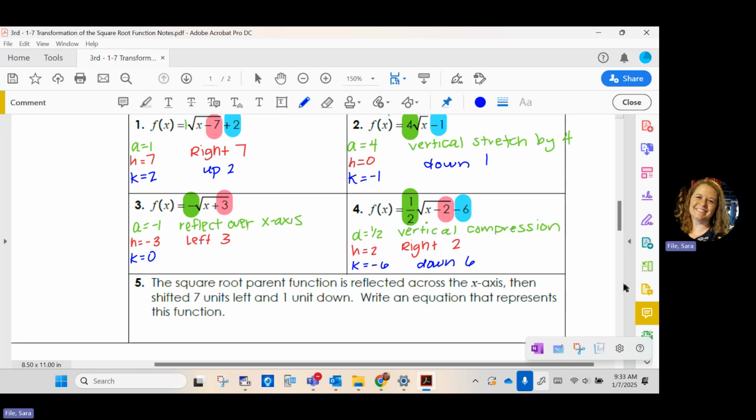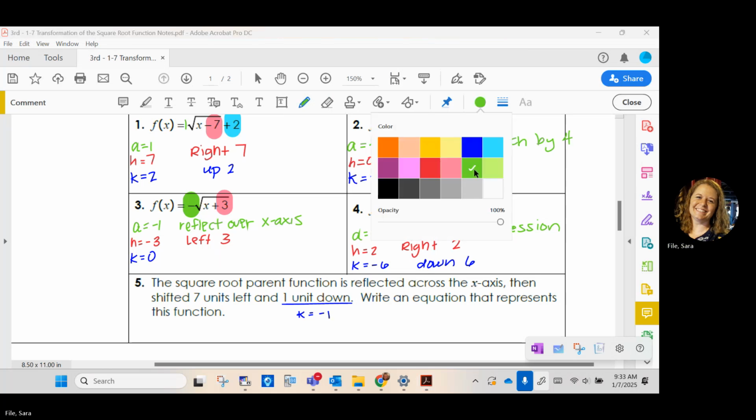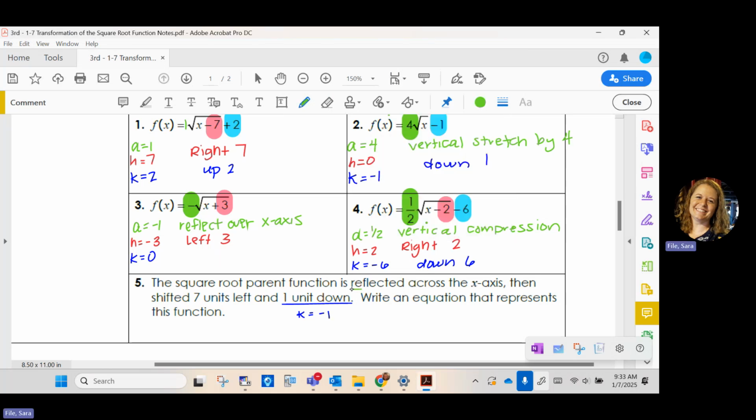Okay, so up and down, that's K. And it is down 1, so K is -1. It says it's reflected across the x-axis. What does that tell us? What do we know about A if this is reflected?